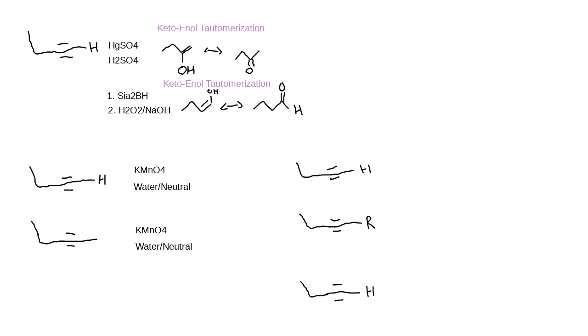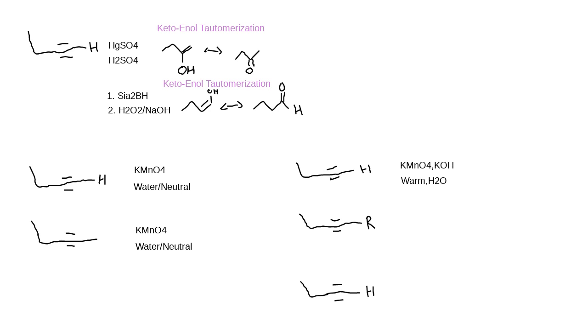These last 3, we have KMnO4 with KOH at the top, in warm conditions this time, and water at the bottom. And then likewise the same thing. Here we're just looking at the differences between hydrogen and R group.